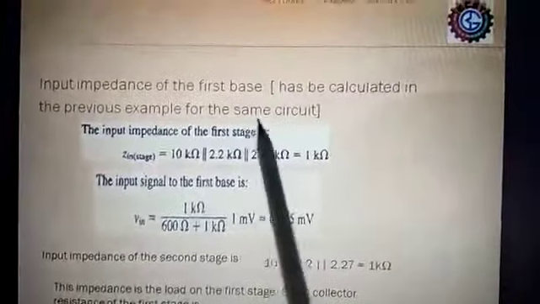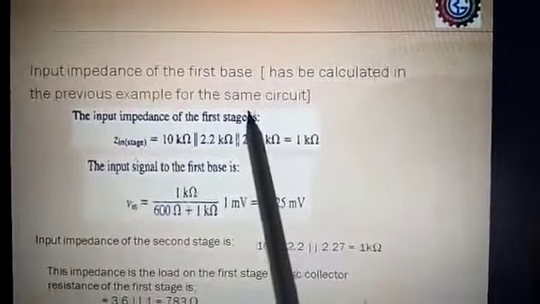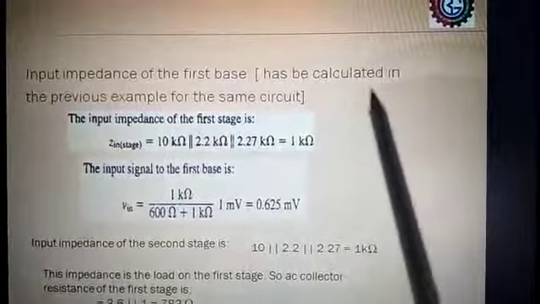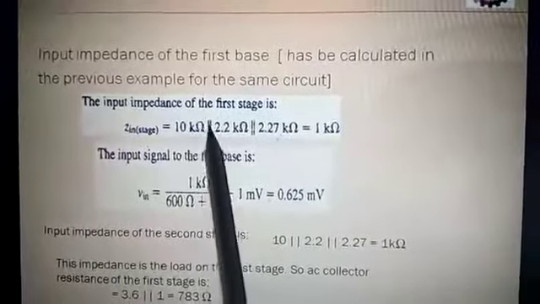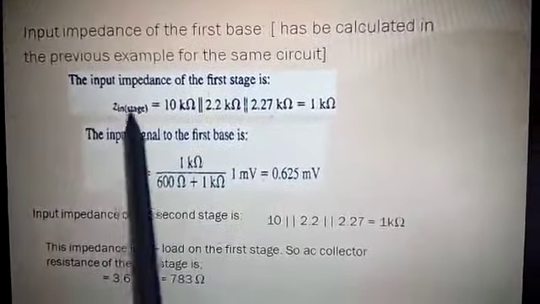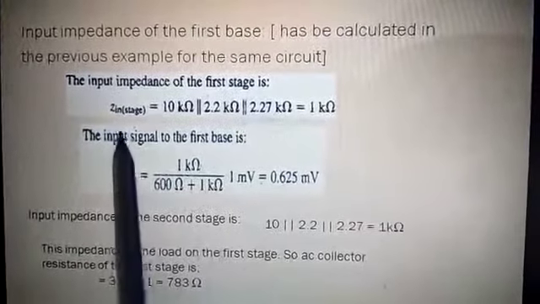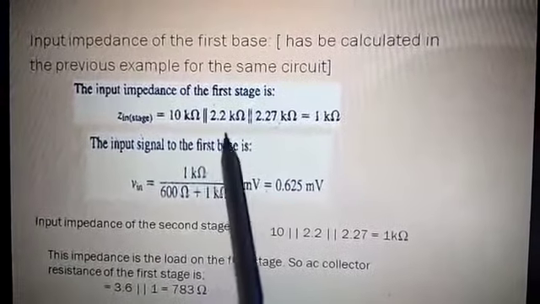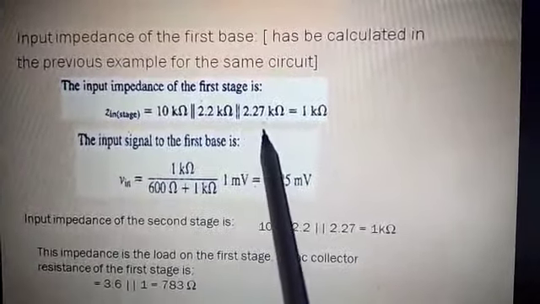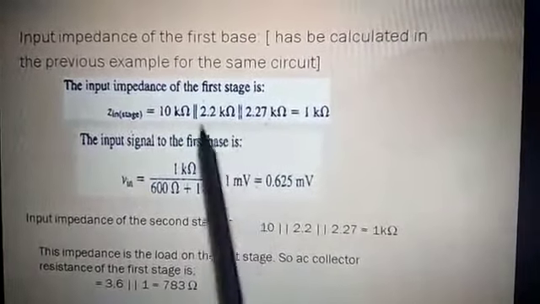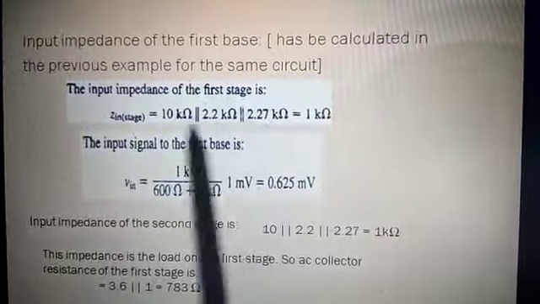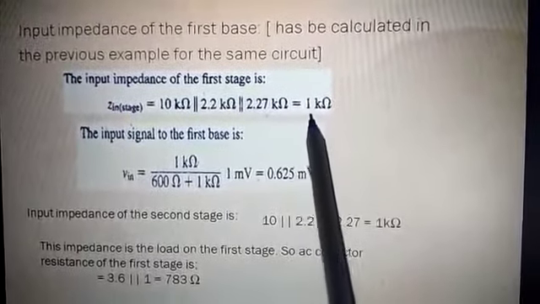Here the input impedance of the first stage, that is the first base, has to be calculated as in the last example which we have seen. The input impedance of the first stage is given by this 10 kilo ohm parallel to 2.2 kilo ohm parallel to 2.27 kilo ohm. These are the two voltage divider resistances, and this comes to be 1 kilo ohm.